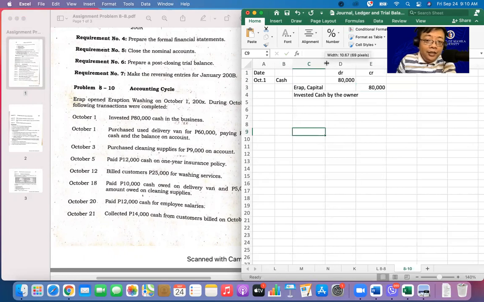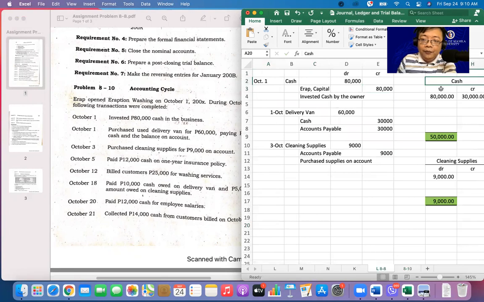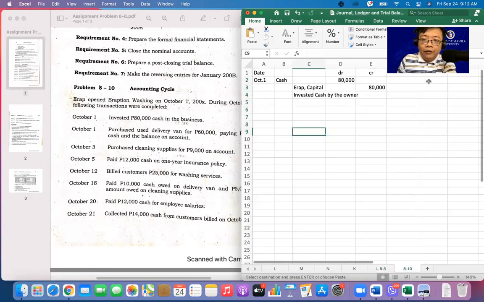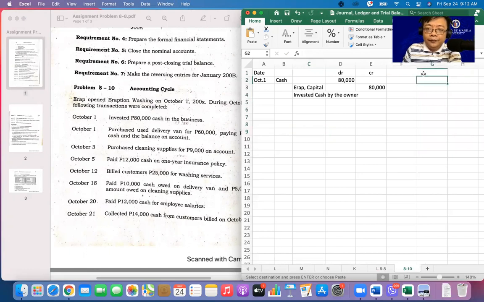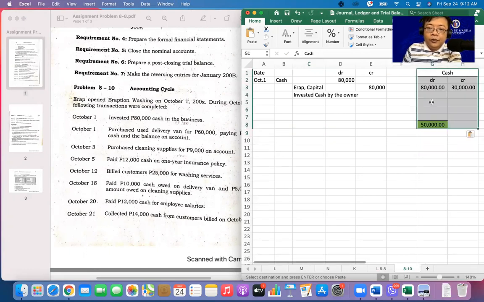Again, it is basic, about journal entries, posting to the ledger, and then our trial balance. I will copy this one, since this is the balance of your cash. So we have here your cash, of course, 30,000.